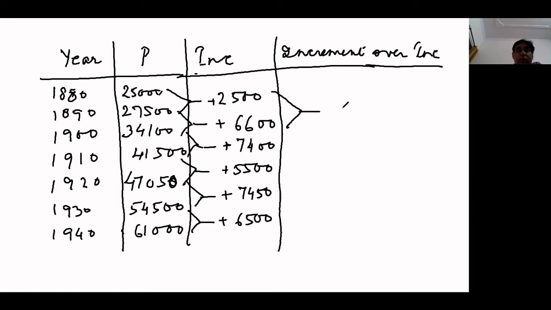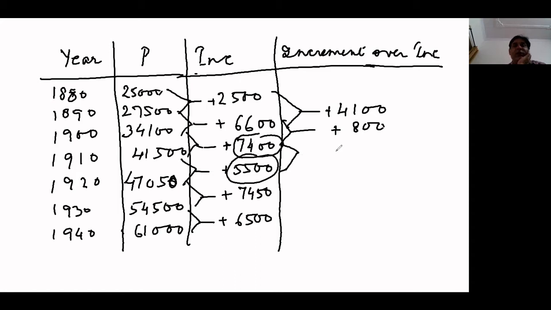Now what is this? 4,100 with a sign of plus, right? Then this would have the sign of plus 800. Now mind you, it has decreased. So the sign would be negative. Negative of what? 1900, right? It has increased. This would be 1850, I'm sorry.